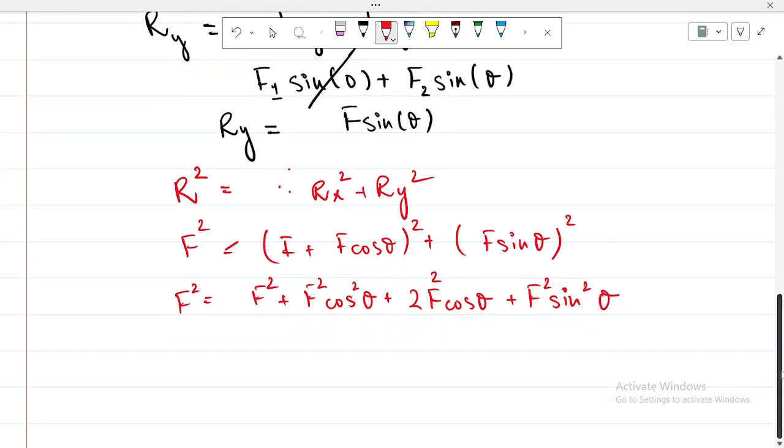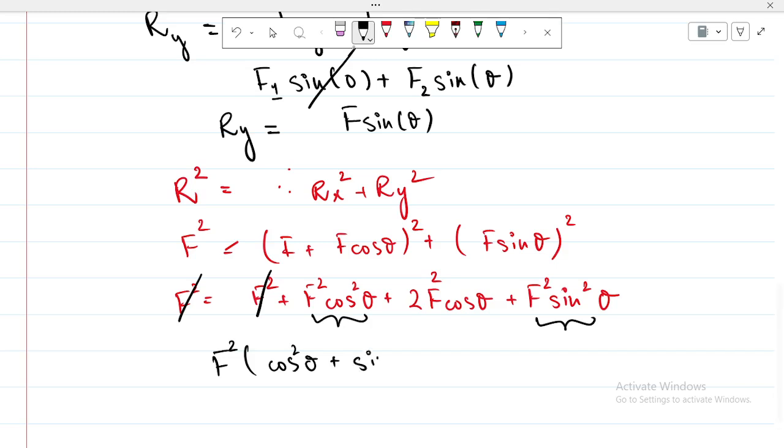There is a lot of simplification to be made here, so we can easily see that this F squared cancels out with this F squared, and also F squared cos squared theta and F squared sine squared theta can be simplified by F squared cos squared theta plus sine squared theta, plus the remaining part, which is 2F squared cos theta.